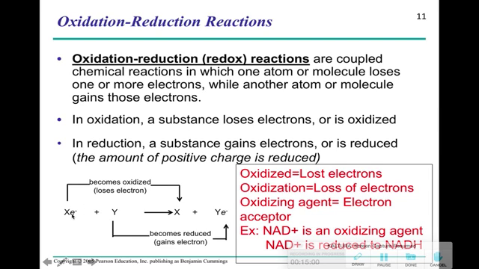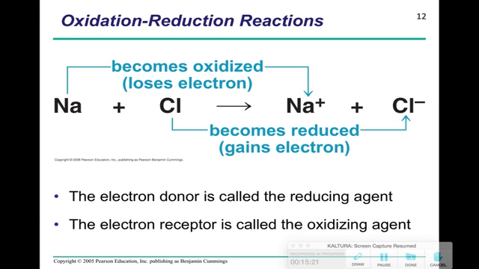So food molecules lose electrons, so they undergo oxidation, hence they are reducing agents. Oxygen molecules gain electrons, hence they undergo reduction and they are oxidizing agents. This is a very good example of the same thing. You may pause here and take down some notes.